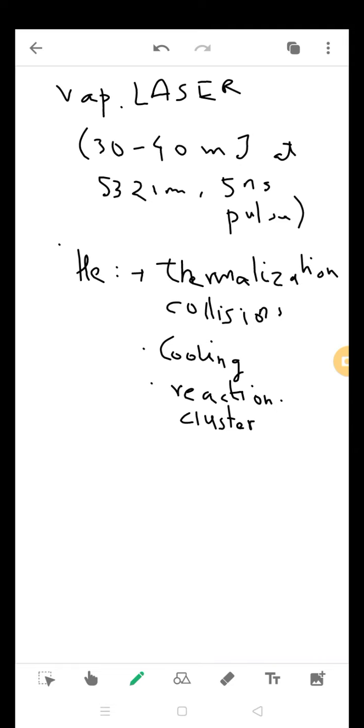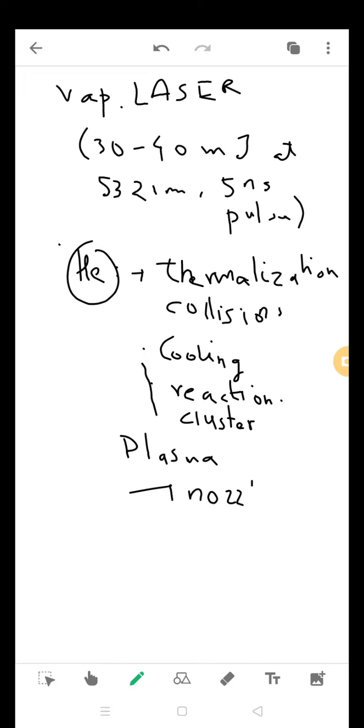So what we actually get is a plasma due to this high energy laser beam, and to create the carbon cluster, a cooling effect was required. That was done by this helium gas, and it also allowed the carbon clusters to be transferred to the nozzle from where they have been prepared. Some medium was required to transfer them to the nozzle for collection, so that was also provided by this helium gas.